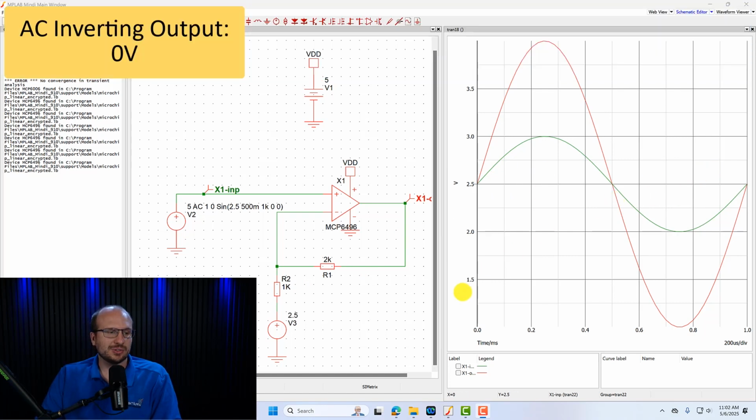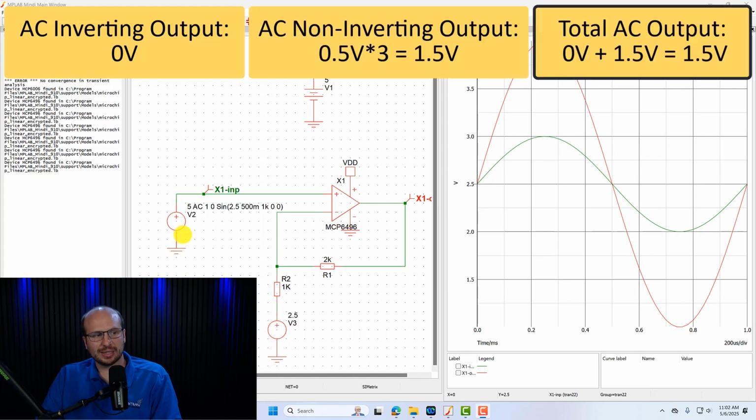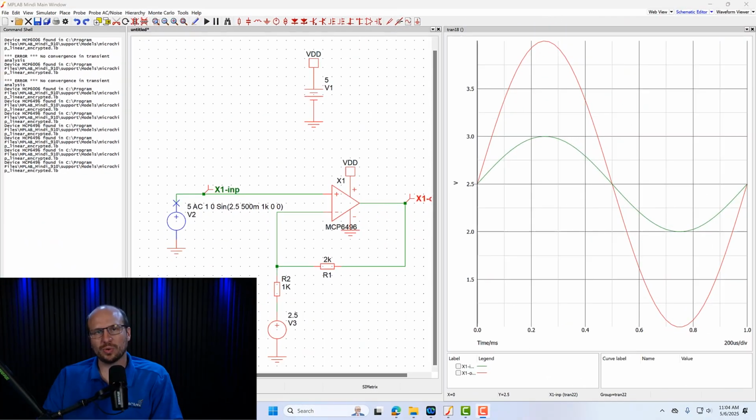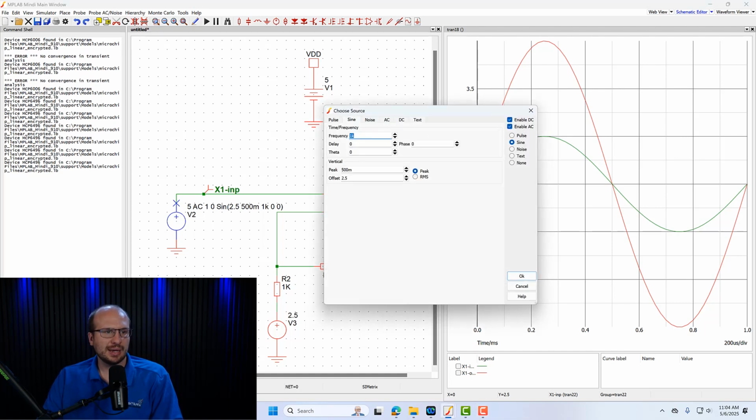As for the AC, there's no AC signal at the inverting side. So we really are only looking at the AC signal from the non-inverting pin. And that's just the non-inverting amplifier that we had looked at earlier. Okay, what if we switch the two? So we make the non-inverting side be DC and the inverting side be where our signal is.